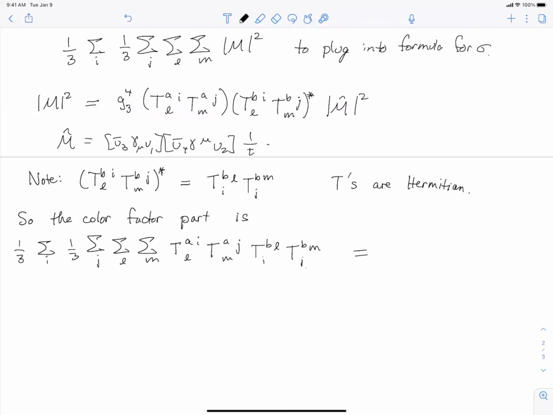So we can rewrite this whole thing as 1/9 from the 1/3s, trace T^A T^B, and then another trace, T^A T^B. The good thing about that is that when we were talking about group theory representations, we gave these things names. This is equal to the index of the relevant representation, which is the 3 representation, times δ^{AB}. And this is also.